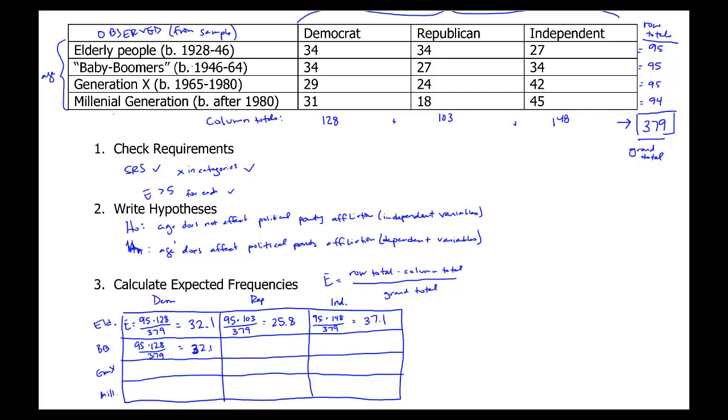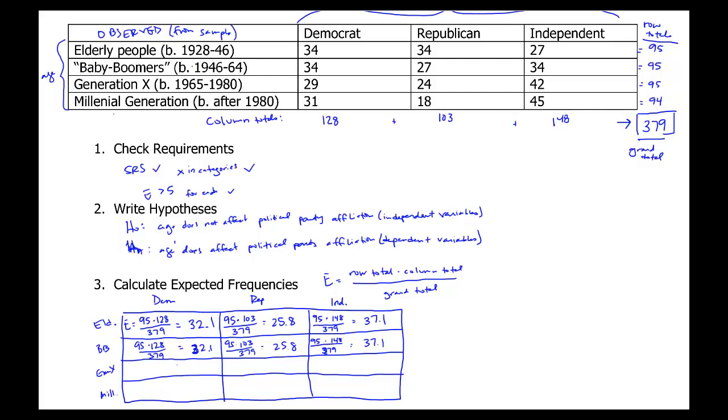That should be 32.1. And you'll notice that since the row total is the same for baby boomers as it was for elderly, we're getting all the same values for the expected values for this row. So we had 32.1 here, we have 32.1 again.